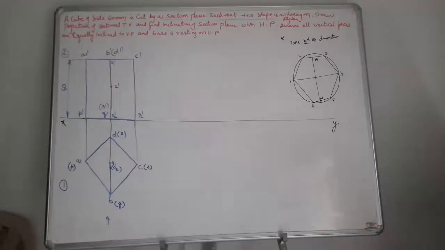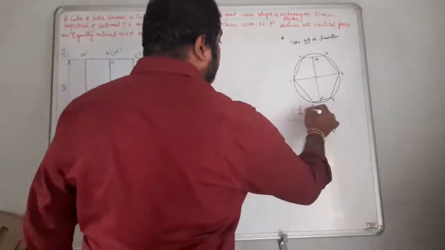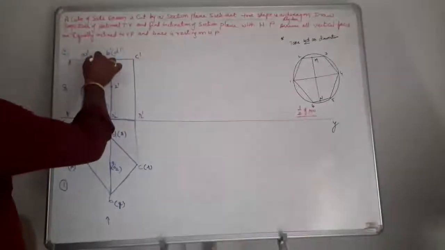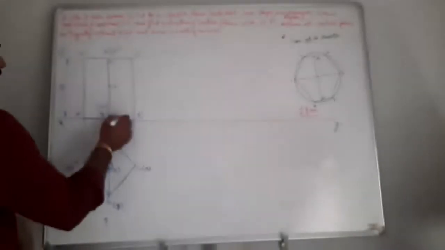With 2 dash as center and radius equal to half of MN, take the radius as half of MN and draw arcs to cut A dash B dash at the midpoint here, and Q dash R dash here.